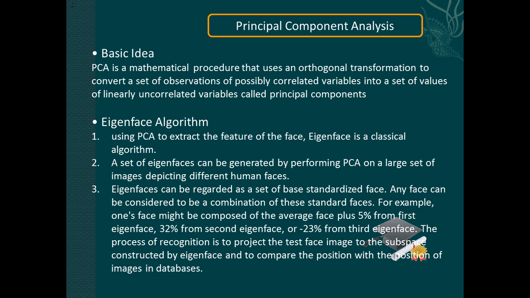For example, your face might be composed of the mean face, or average face, plus 5% from the first eigenface, 32% from the second eigenface, minus 23% from the third eigenface. So the process of recognition is to project the test face image to the subspace constructed by the eigenfaces and compare its position with the positions of the images in the database. The recognized result would be the position which has the minimum distance.